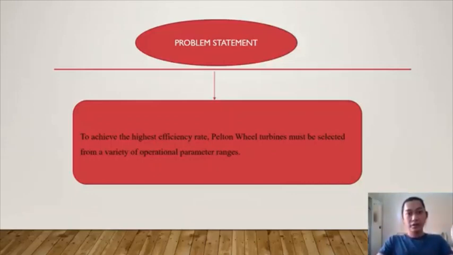In order to achieve this, the Pelton wheel turbines must be selected from a variety of operational parameter ranges, which means we will be using different parameters until we achieve the highest efficiency rate on the Pelton wheels.